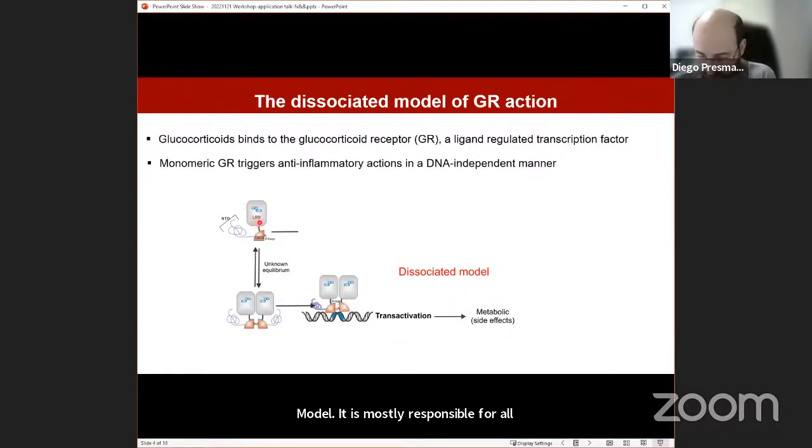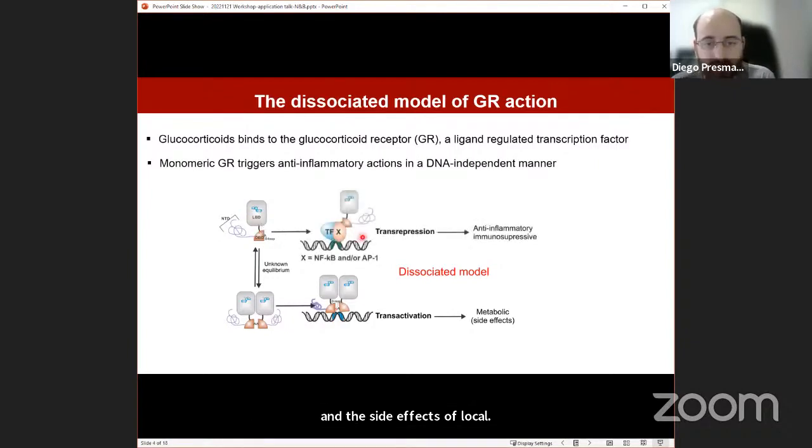And the monomer is the good guy in the story, so it is supposed to mediate all the anti-inflammatory and immunosuppressive action, but by an indirect binding to DNA. So it forms protein-protein interactions with other transcription factors like NF-kappa B or AP1, which are major players in inflammation.